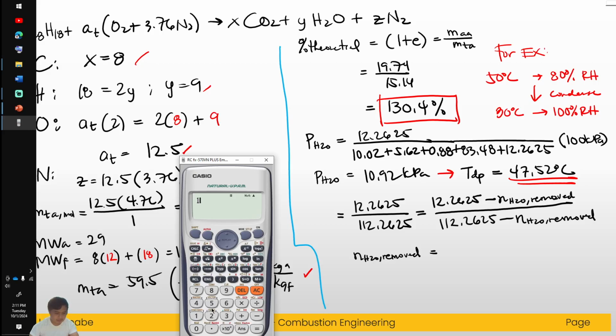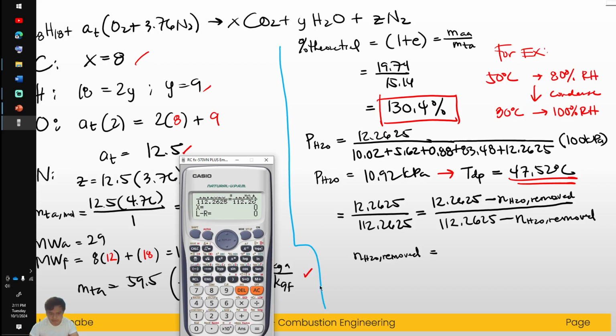As you can see, 12.2625 divided by 102.2625 equals 12.2625 over 112.2625 minus x. So shift solve for x.